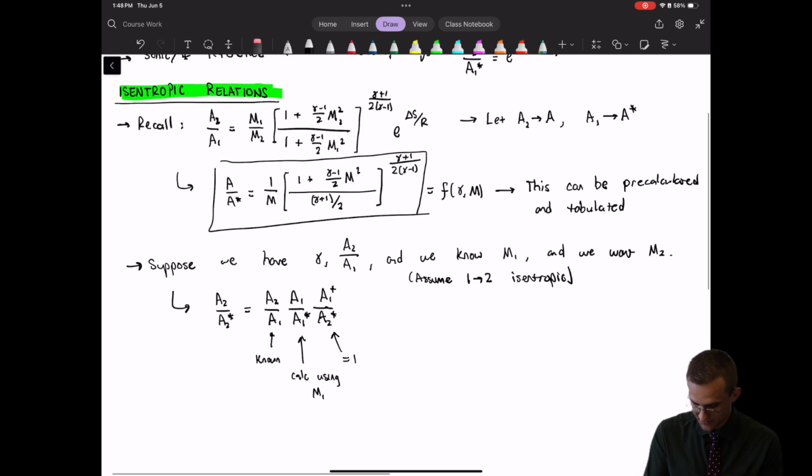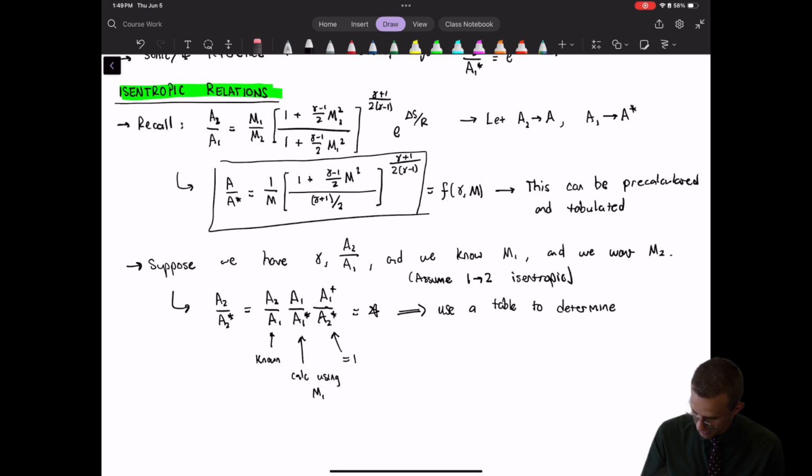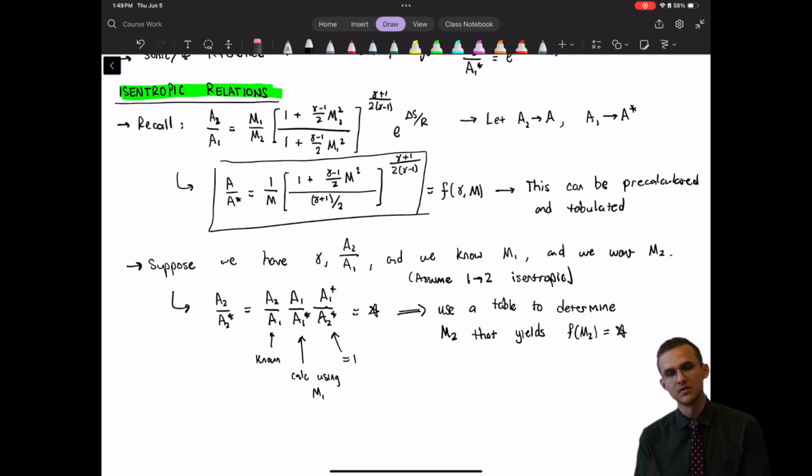And then by those three things, we can get some value, let's just call it star, right? And then we can use a table to determine M2 that yields f of M2 is equal to star, right?